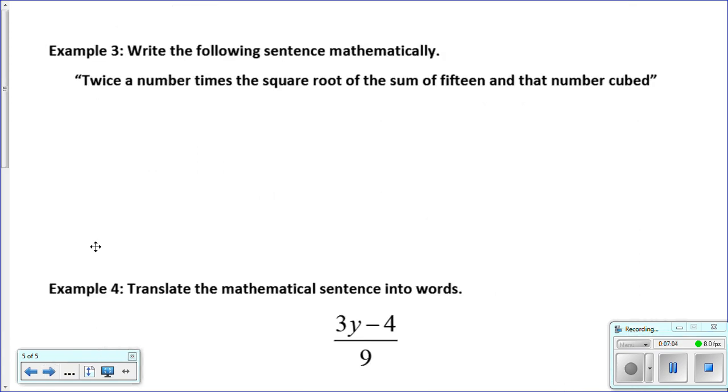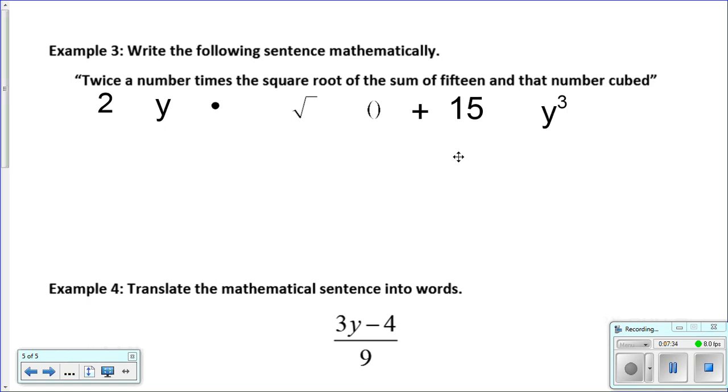Example 3, write the following sentence mathematically. Twice a number times the square root of the sum of 15 and a number cubed. Okay? Alright, so twice means 2. A number is y times square root of the sum, which is a parentheses word, of 15 and that number cubed.